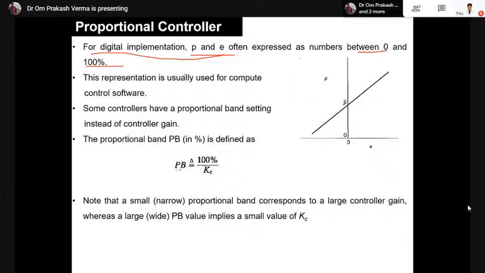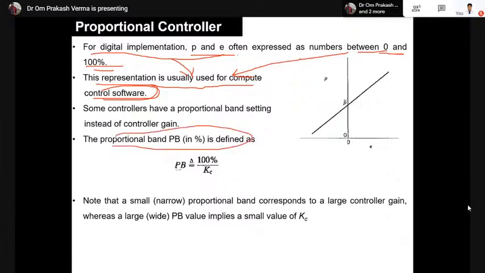So the final control element will receive in percentage terms what amount I have to open or close, how I have to respond. This representation is usually used by computer control software. Such type of implementation has been used.